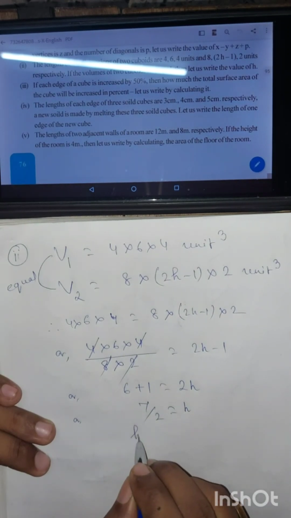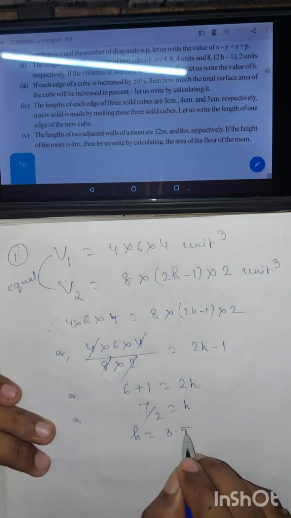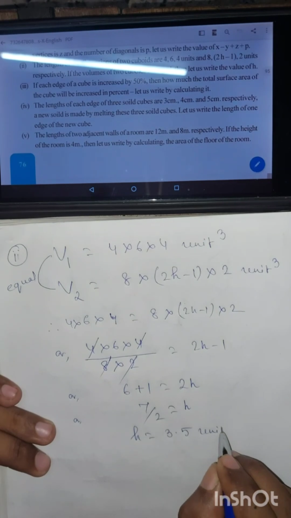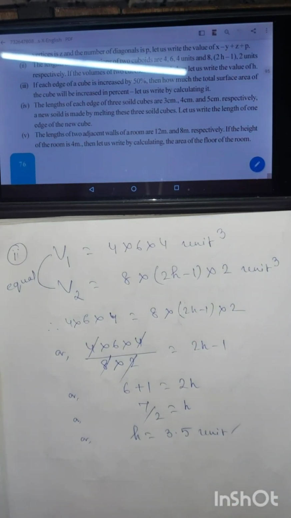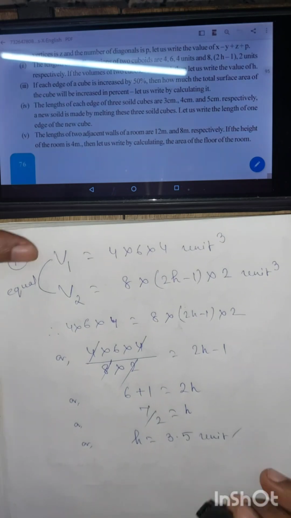So the value of h is actually 3.5 units. This is our answer. Now let us proceed to the next question.